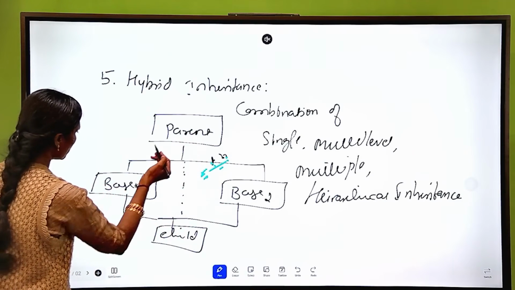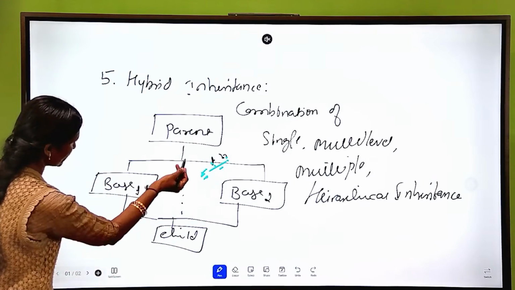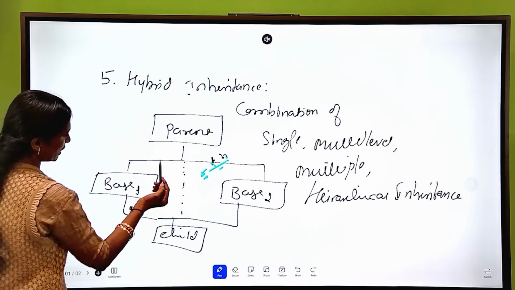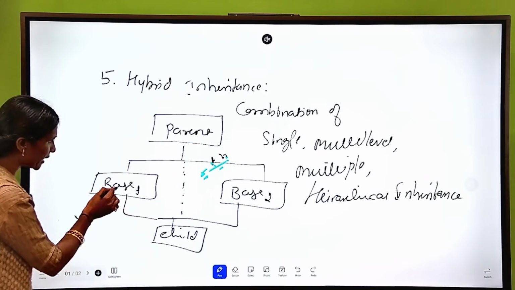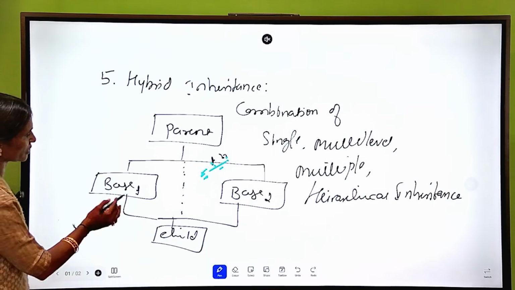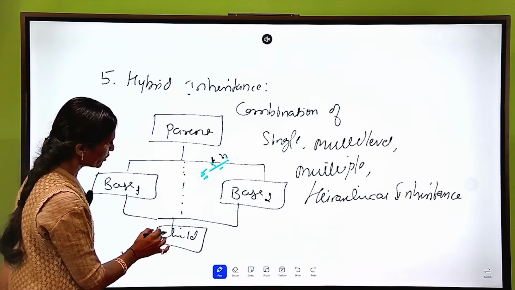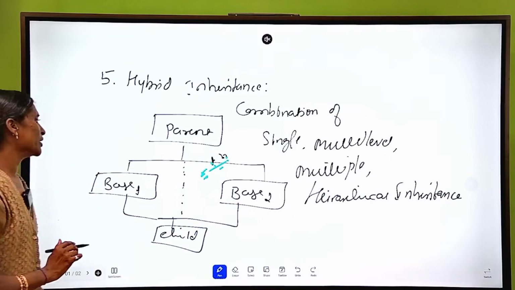From parent, base 1 is created, and from base 1 the child is created. I hope you are following, that's multi-level, creating a child class from an already derived class. Here there are two derived classes, base 1 and base 2. So the child is created from either base 1 or base 2. So this is multi-level inheritance.